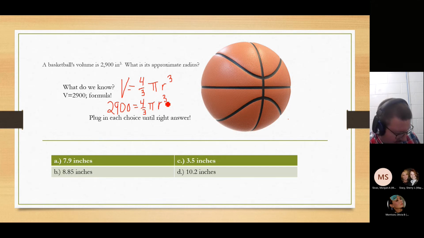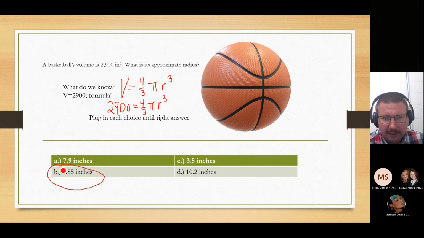Radius possibly could be 8.85 to the 3rd power. In my calculator, it's 2,903. That's pretty darn close to 2,900. So most likely, you can go ahead and try the other ones if you want, but I'm going to pick B, because that's pretty darn close to 2,900. You can try C and D, to be on the safe side if you wanted to. I'm going to pick B for that answer.